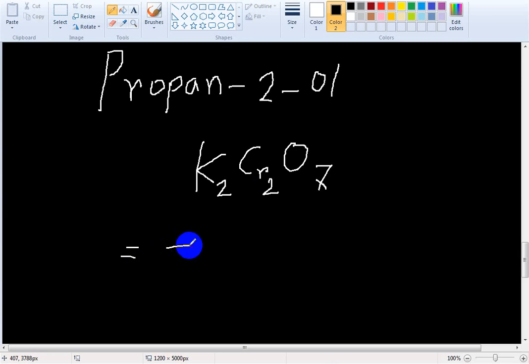You don't know these things yet. Potassium is 1 times 2, chromium's oxidation number we let be x, and there are 2 chromium.